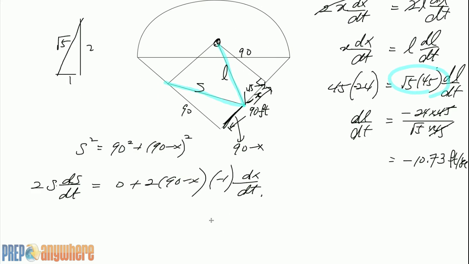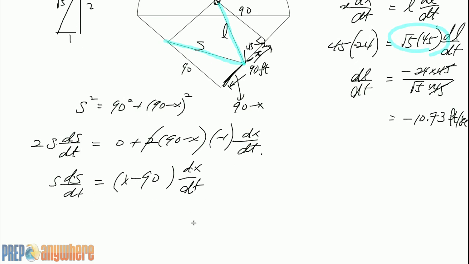Let's divide both sides by 2. You get S dS over dt equals (x minus 90) times dx over dt, after multiplying in the negative 1.